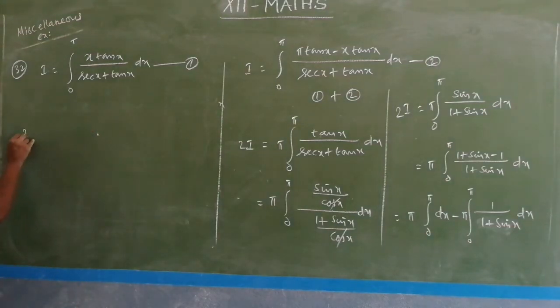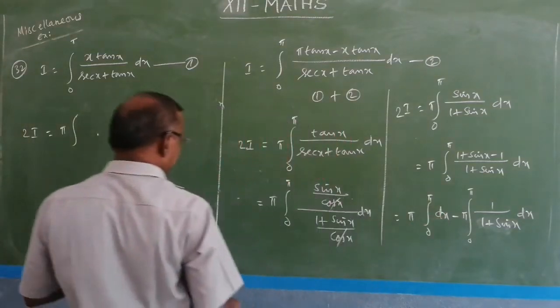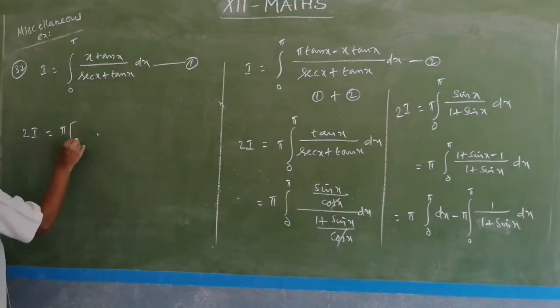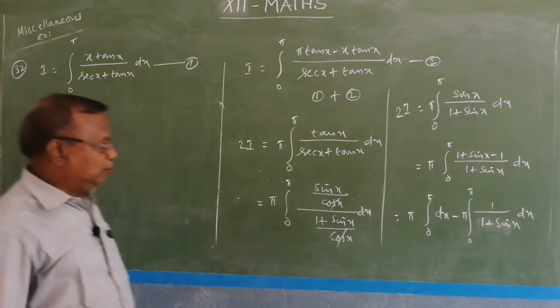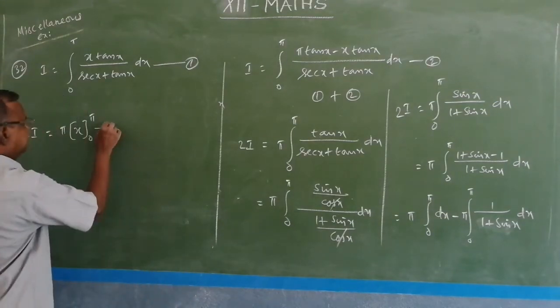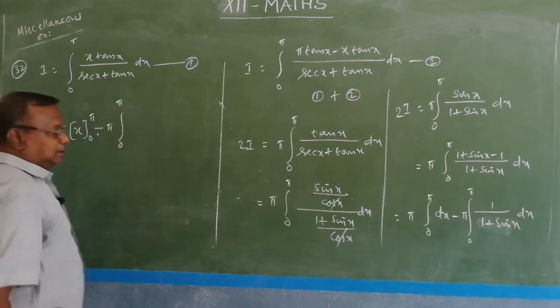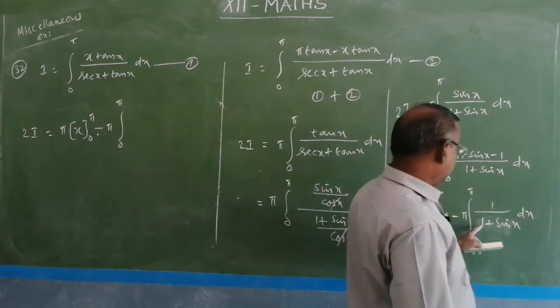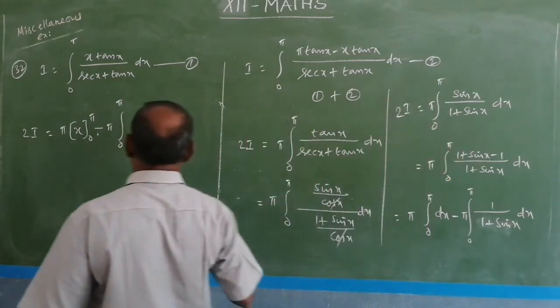So 2I equals pi times the integral of dx, which is x from 0 to pi, minus pi times the integral from 0 to pi of 1 divided by 1 plus sin x. In the denominator we have 1 plus sin x, so we multiply by the conjugate, 1 minus sin x.